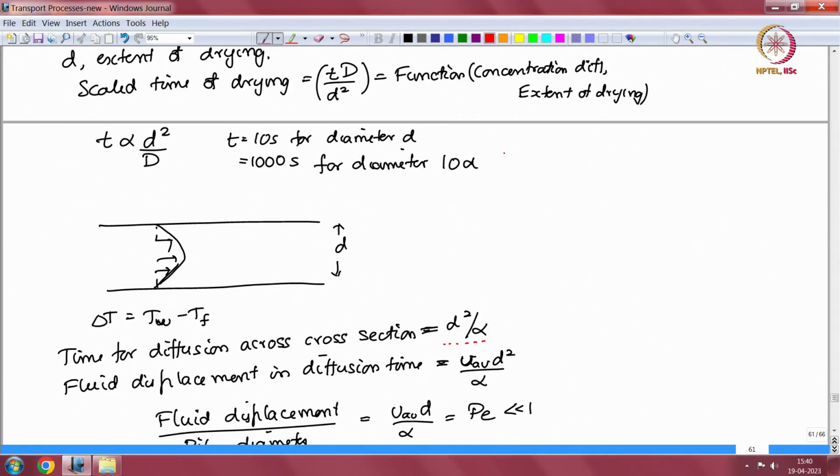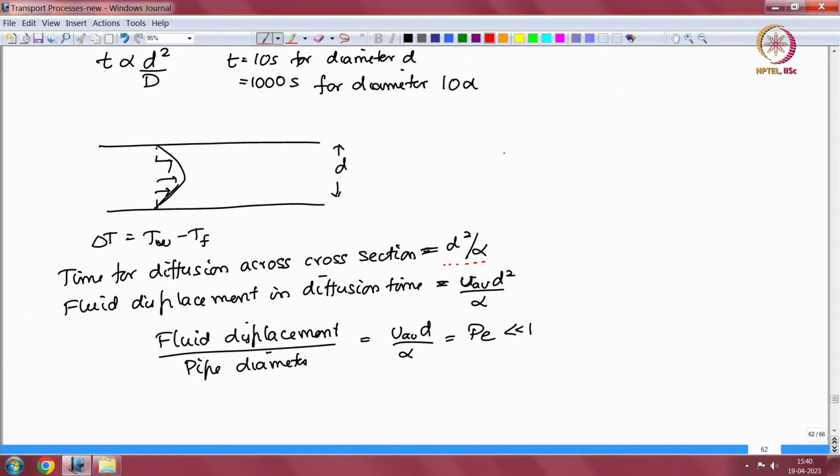This low Peclet number regime is not of relevance for flow in conduits, because in this regime the temperature or concentration equalizes across the cross section before the fluid has moved a distance even small compared to its diameter, and therefore, there is no advantage to having a long pipe.